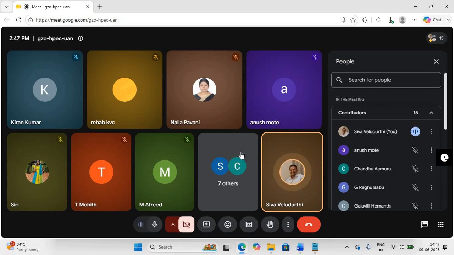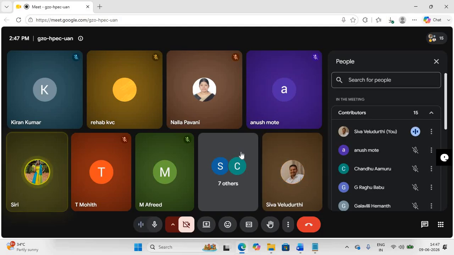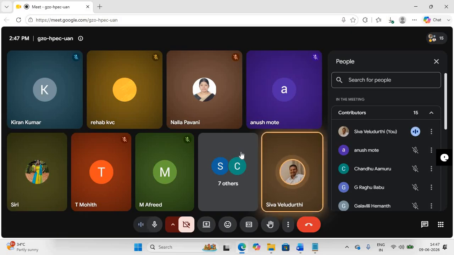Have you seen Meta AI in your WhatsApp? If you ask any question to Meta, it only gives the answer, but it does not memorize the previous input.